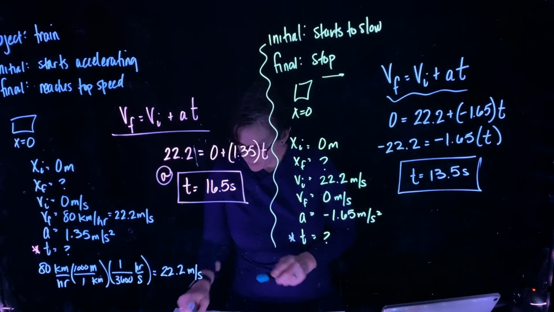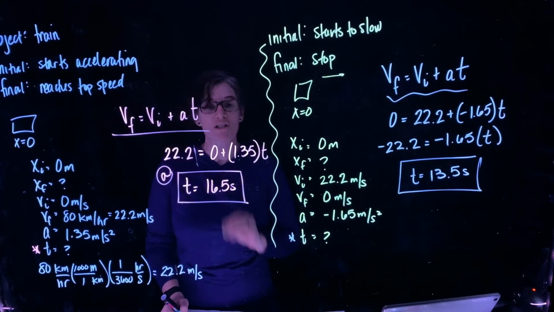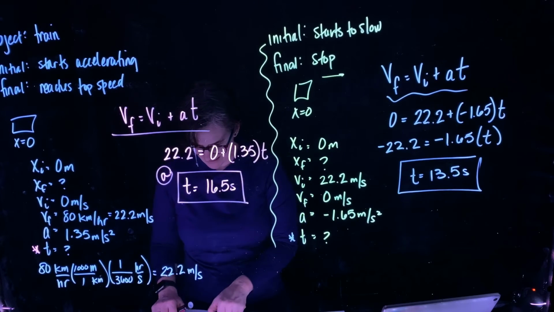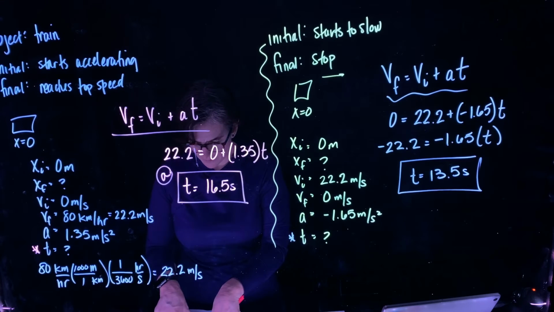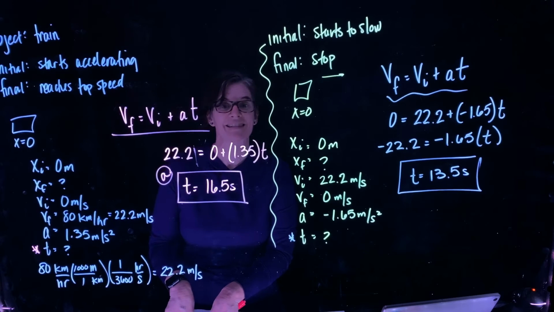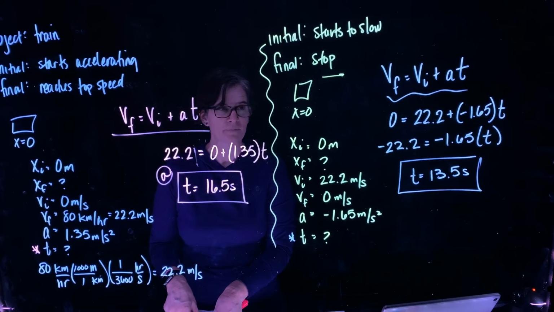Okay, now part 3 says in an emergency, the train can actually slow down more rapidly, coming to rest from 80 kilometers per hour to rest in 8.3 seconds. So what acceleration can it achieve in that situation?